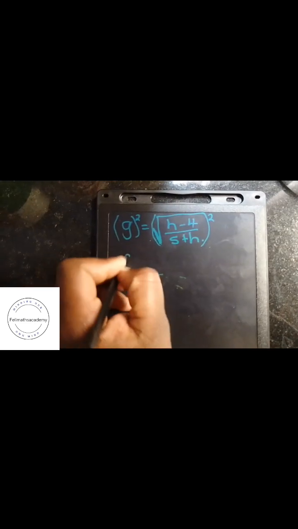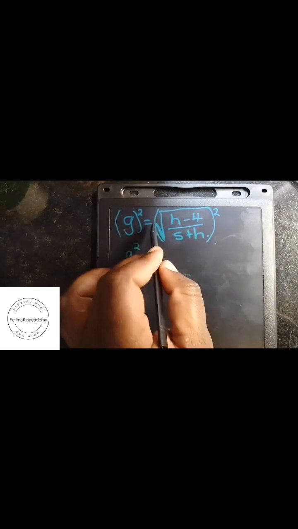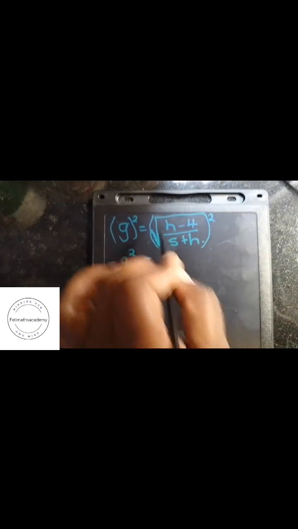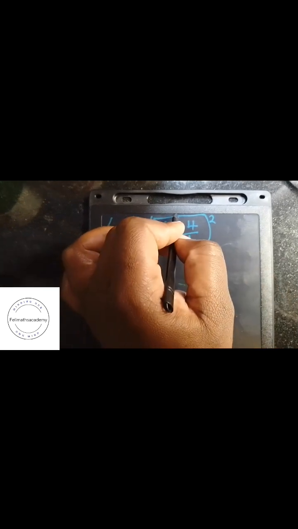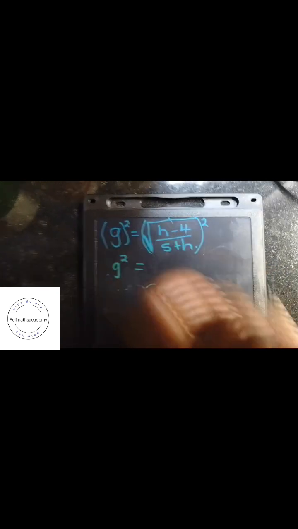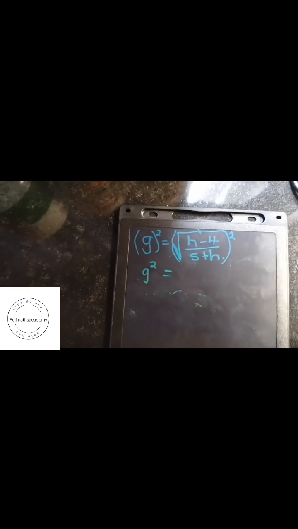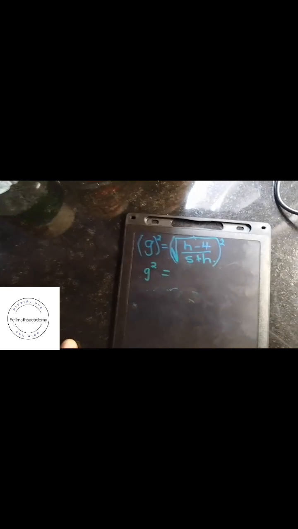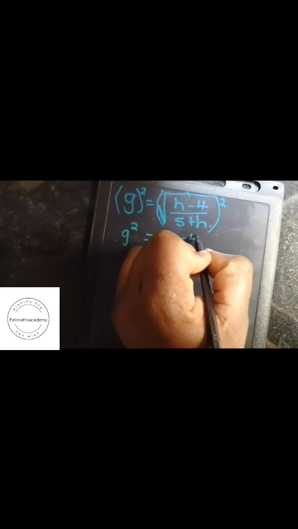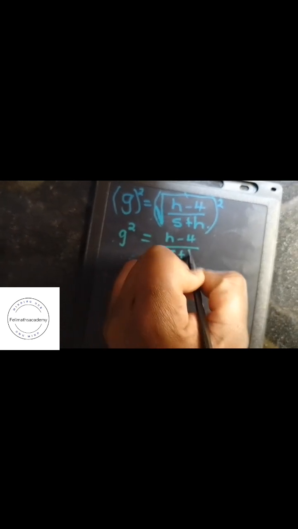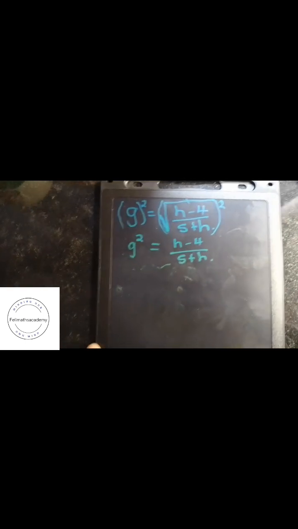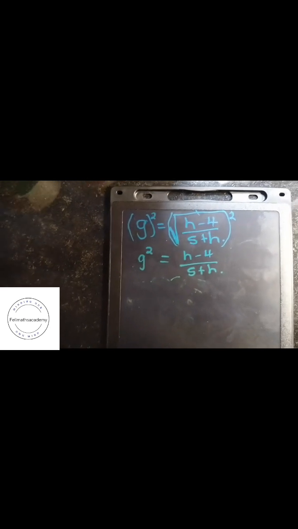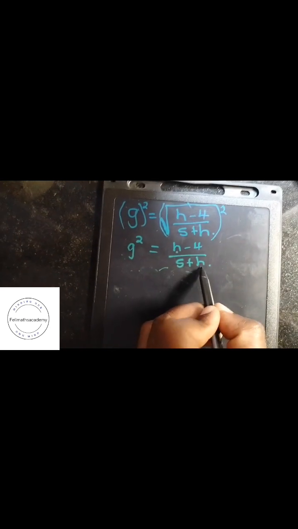So we have g squared on this side is equal to the square root of this squared. You can take it as this square root cancels with this squared. It's just an easier way of manipulating that. So g squared is equal to h minus 4 over 5 plus h. Remember, we want to make h the subject of formula, but we have an h there and an h there.